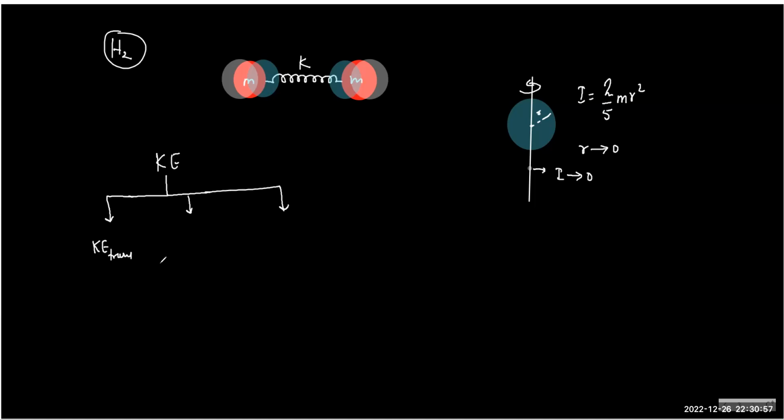Translational energy is as good as the energy of the center of mass, the kinetic energy of the center of mass of the system. Here the system is the molecule. So translational means you are only looking at the motion of the center of mass, not at the individual parts of the system.